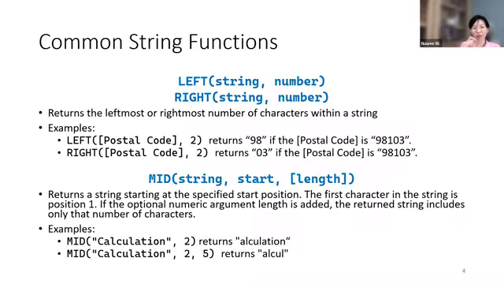So the position will start at 1. For example, calculation mid start at 2 means you start at A here. This is 1, this is 2. And if you don't give it the length, it will get the entire string afterwards. But if you tell it the length, it will only take a substring of the number of characters that you want.